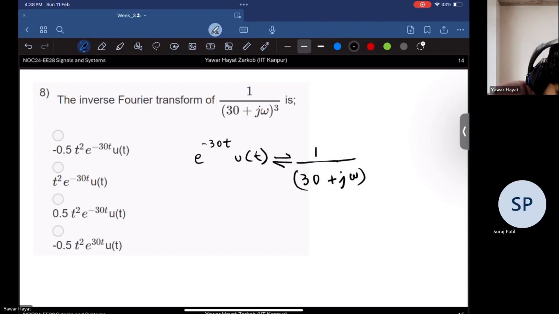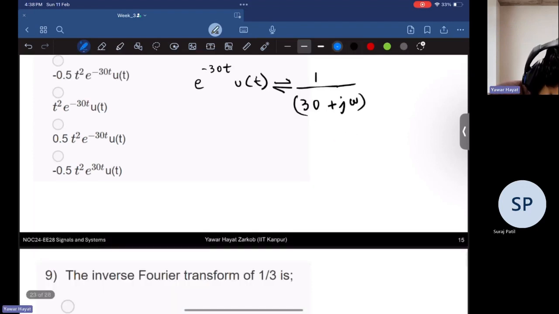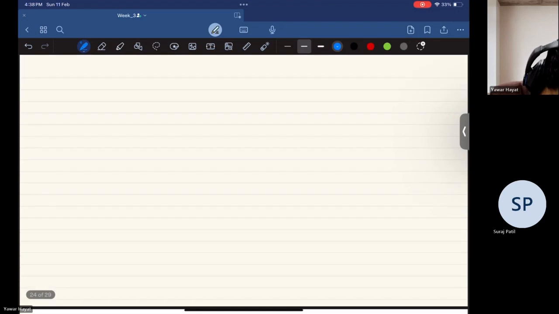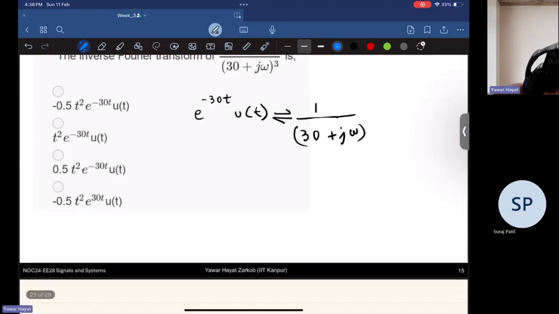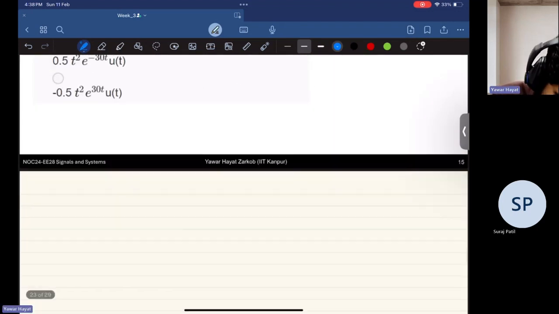Now, tell me one thing. This is of the form 1 over x, right?